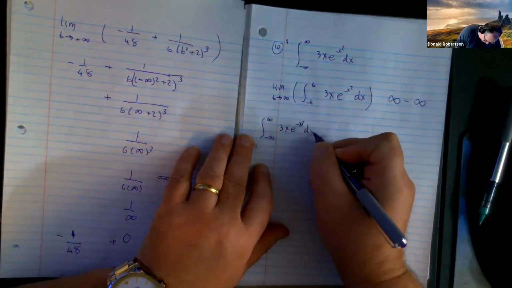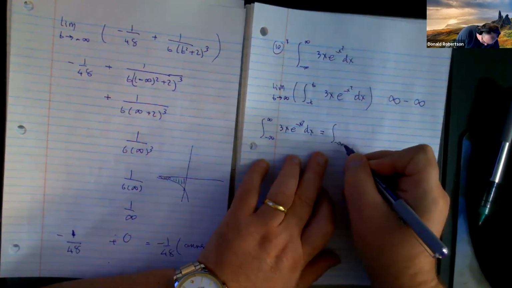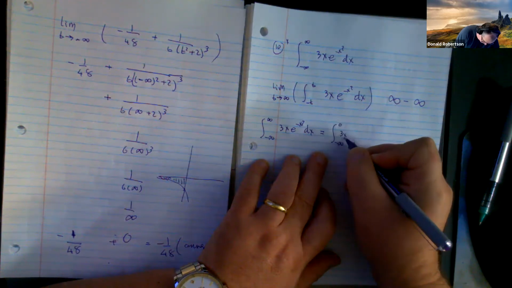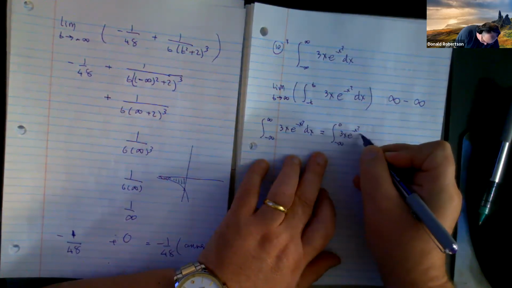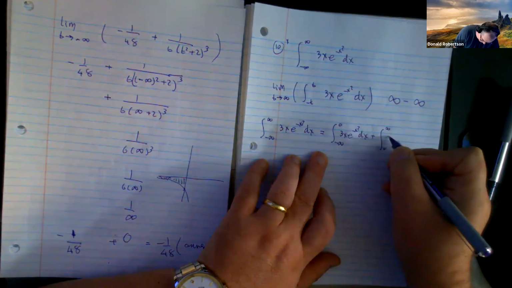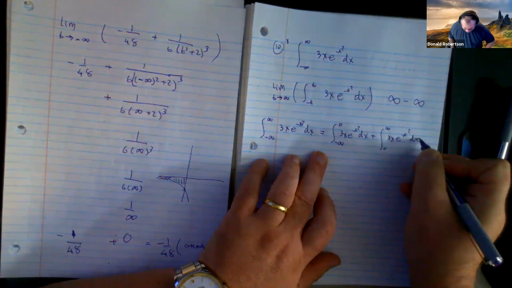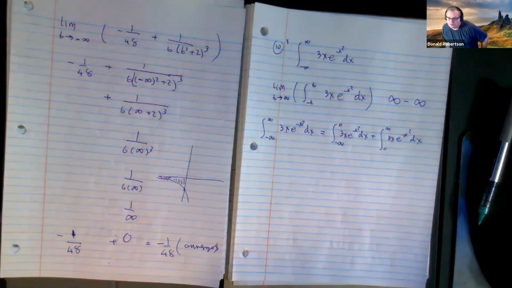Well, it seems a little bit lopsided, but this is what we do. Do you notice that what you do is you break the limit into 2 distinct pieces?